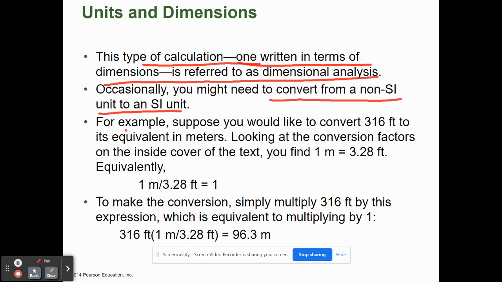So here's an example. If you want to jot this example down, you'd like to convert 316 feet to its equivalent in meters. So we look for a conversion factor. You'll find that 1 meter is approximately 3.28 feet. And then we just set up our dimensional analysis.